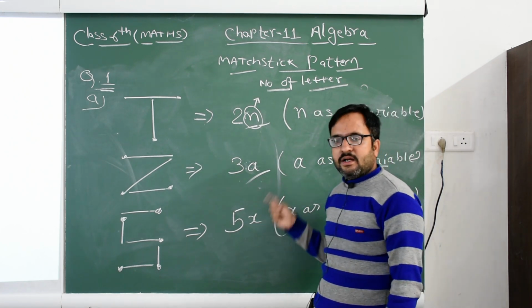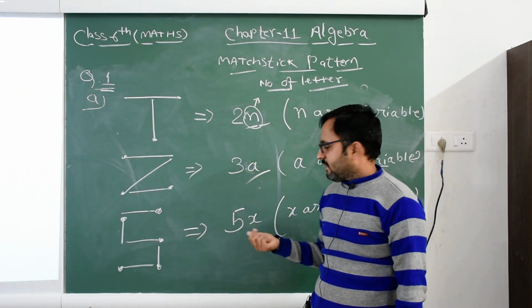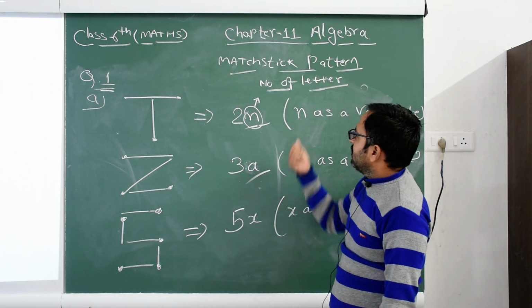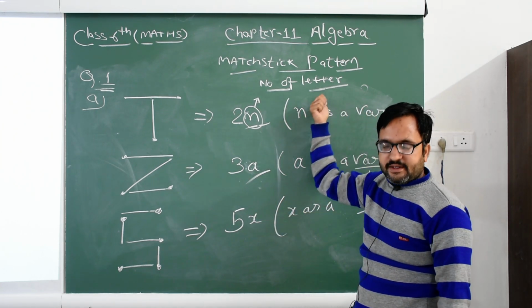So X has different types of values. X shows the different values belonging to the number of letters.